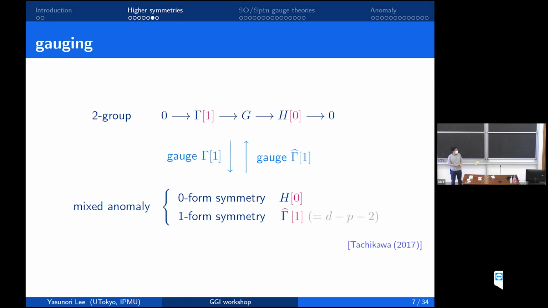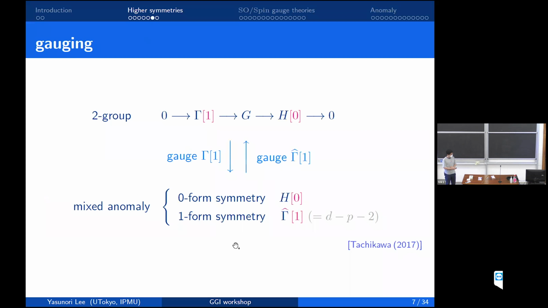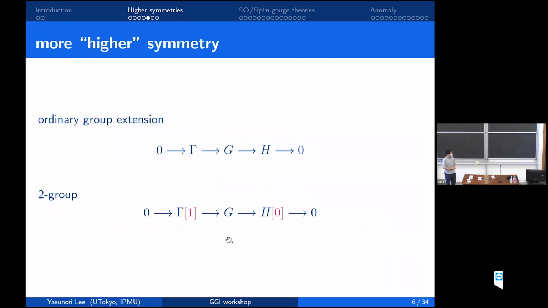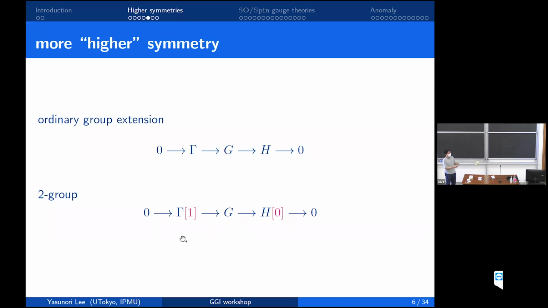But before going on, I would like to make a brief comment. When you write this short exact sequence, do you literally mean G as a group in the middle, or is it just intuitive at this level? You mean the second line, right?